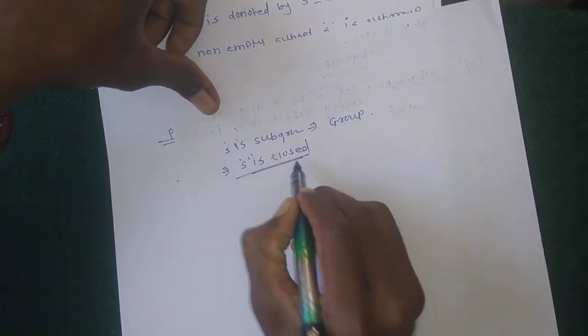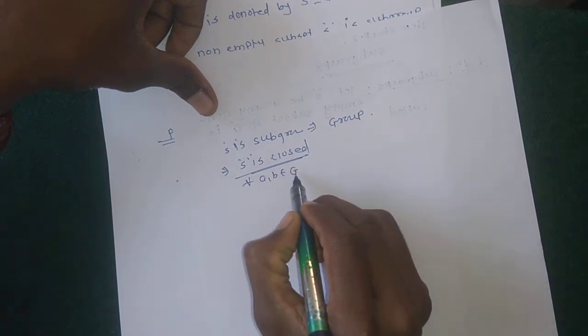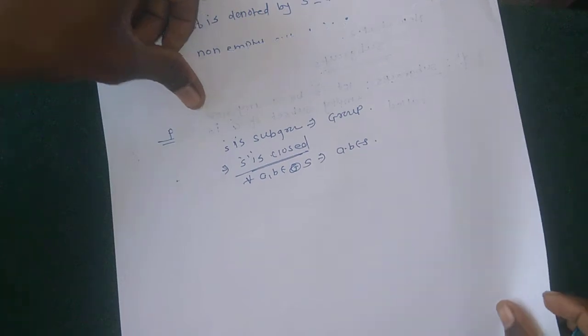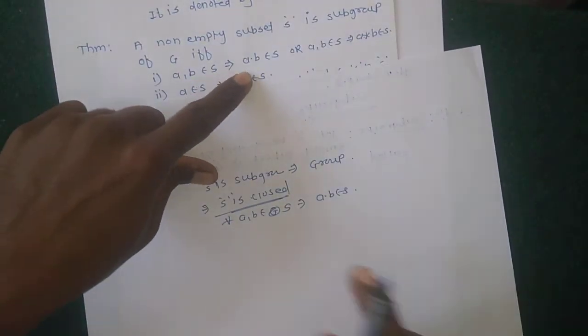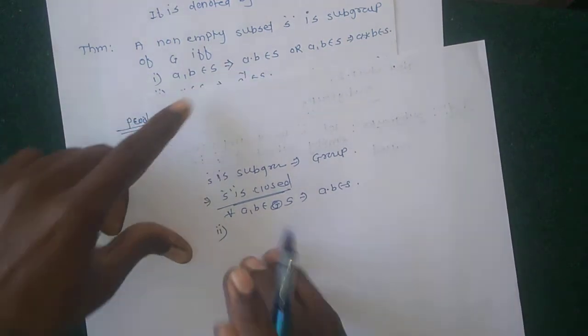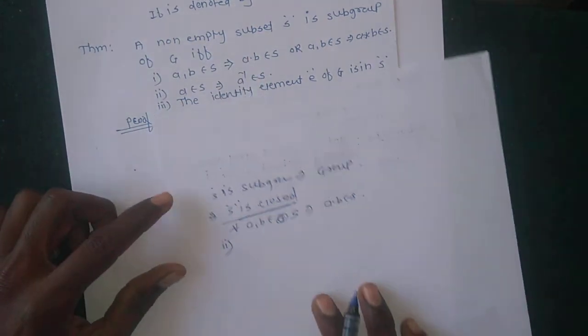Okay, it means the closure property is satisfied, it means for A, B belongs to S, which implies that A into B also belongs to S; this is the first condition. Okay, A, B belongs to S, then S is closed under the given binary operation. Okay, then the second property here: A belongs to S, which implies that the inverse element exists in S.